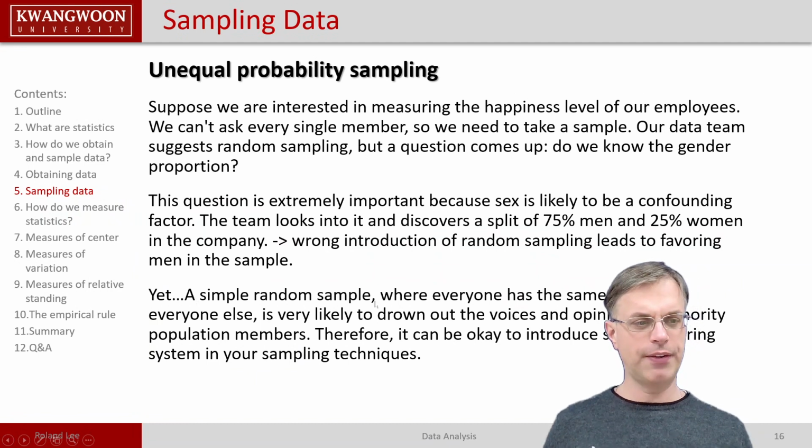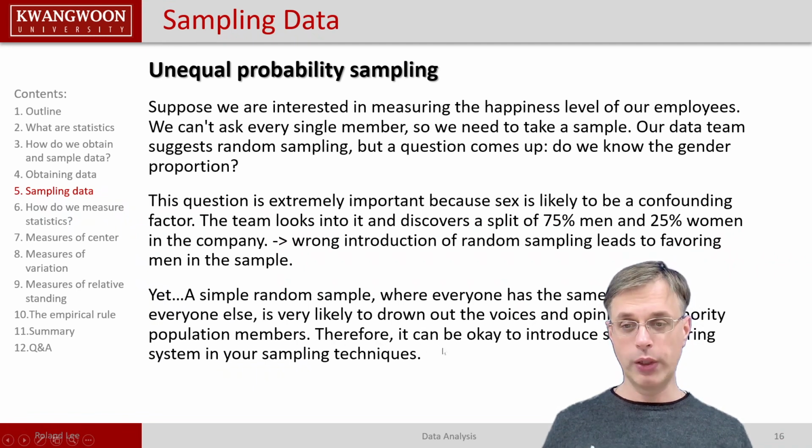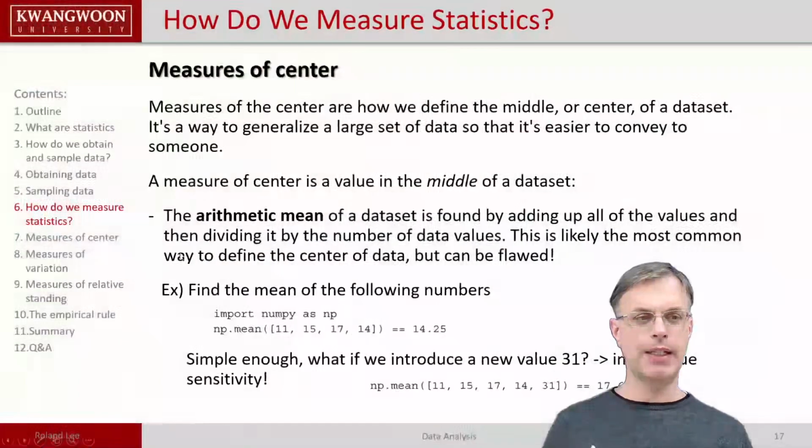Now, a simple random sample where everyone has the same chance as everyone else is very likely to drown out the voices and opinions of minority population members. Therefore, it can be okay to introduce such a favoring system in your sampling.